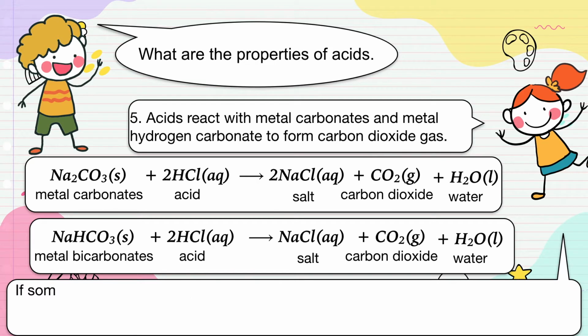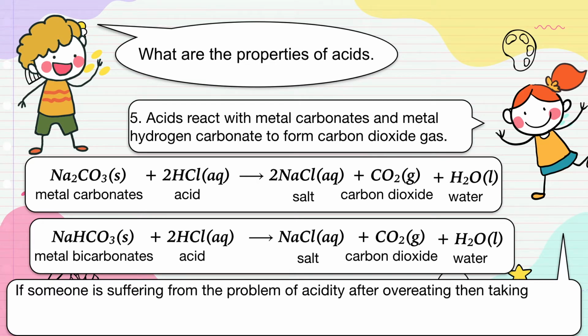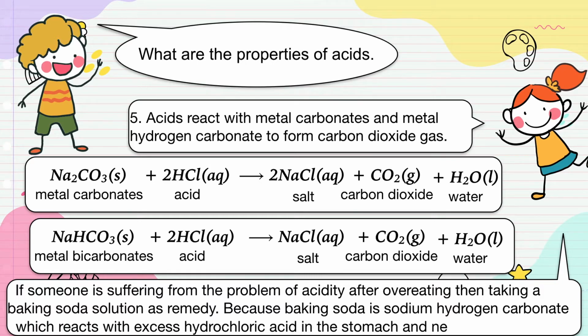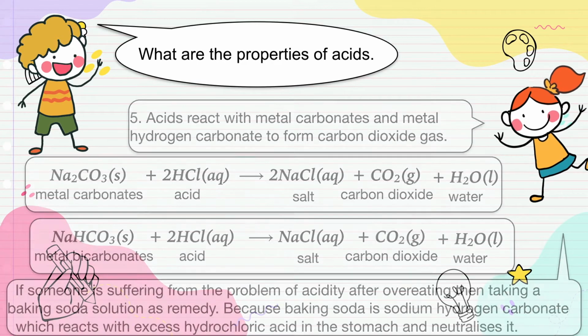If someone is suffering from acidity after overeating, taking a baking soda solution is a remedy, because baking soda is sodium hydrogen carbonate, which reacts with excess hydrochloric acid in the stomach and neutralizes it.